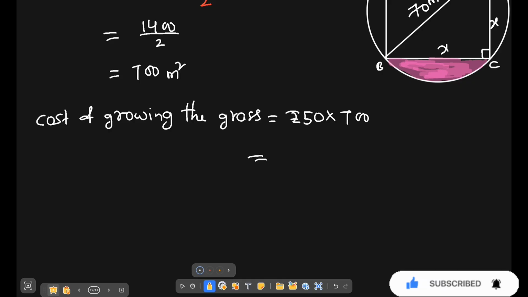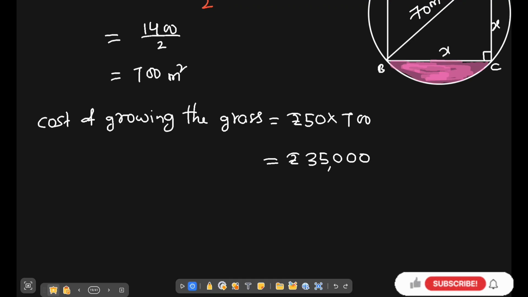So which will be equal to rupees 35 and 3 zeros. So 35,000. So 35,000 is the cost of growing the grass. Now what is the next question?